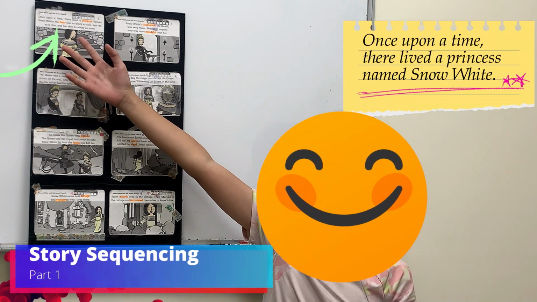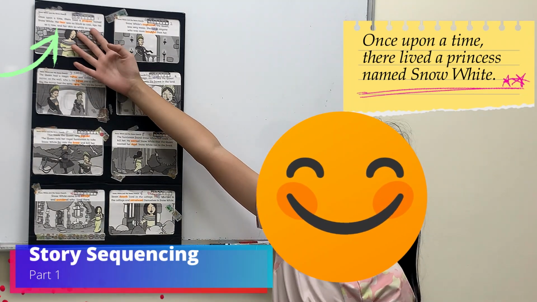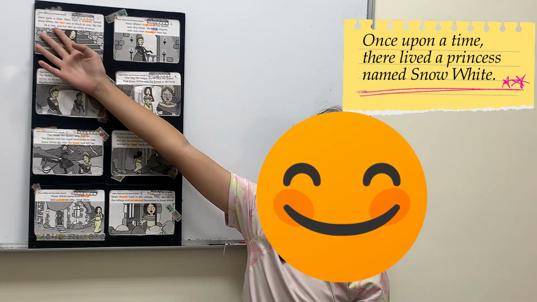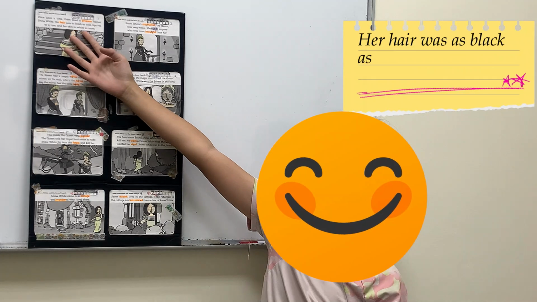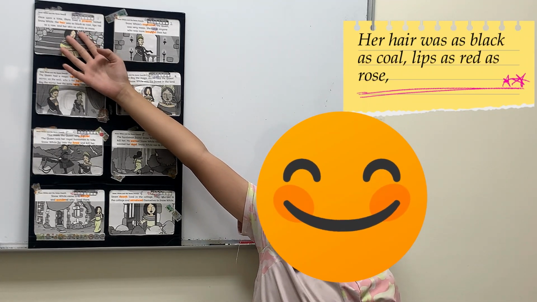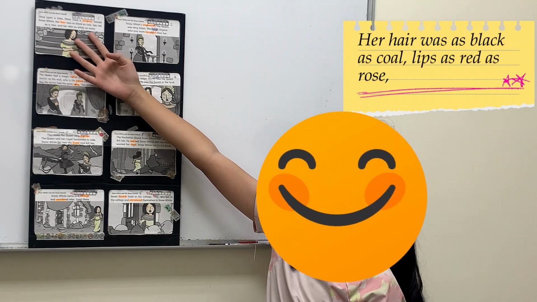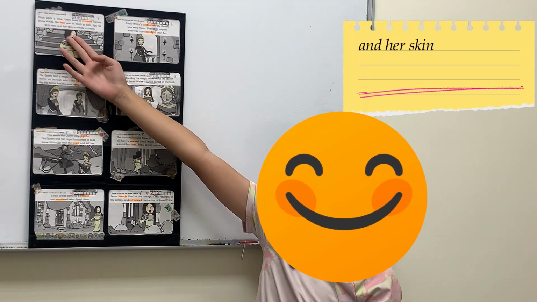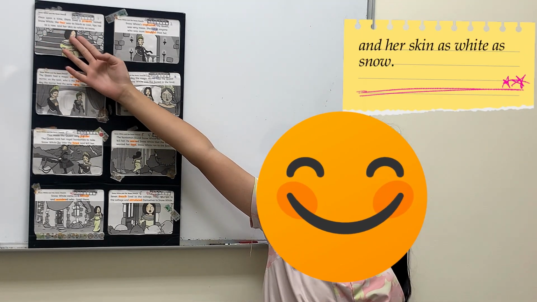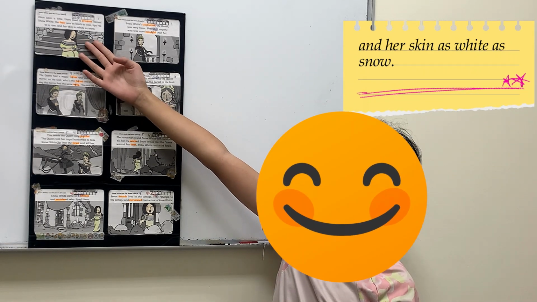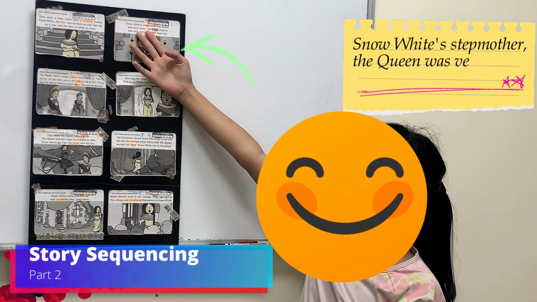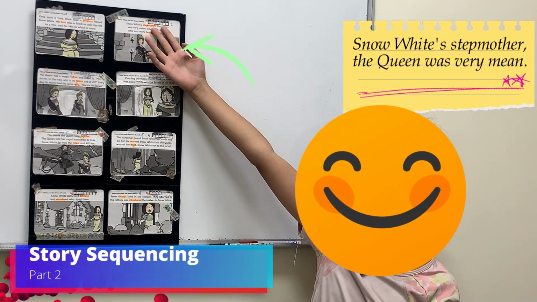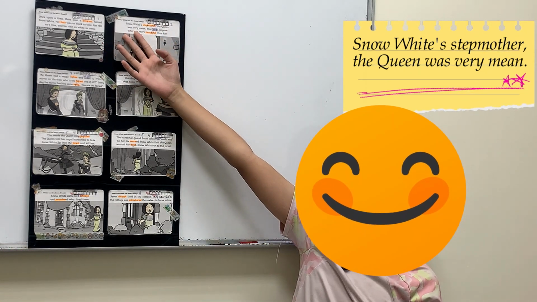Once upon a time, there lived a princess named Snow White. Her hair was black as coal, lips as red as rose, and her skin as white as snow. Snow White's stepmother, the queen, was very mean.